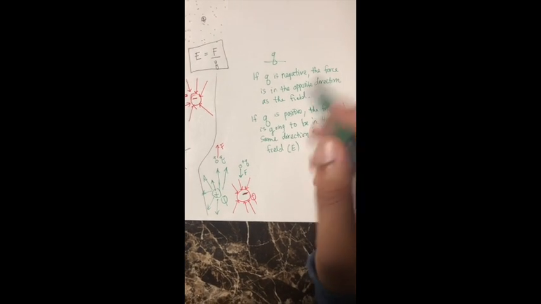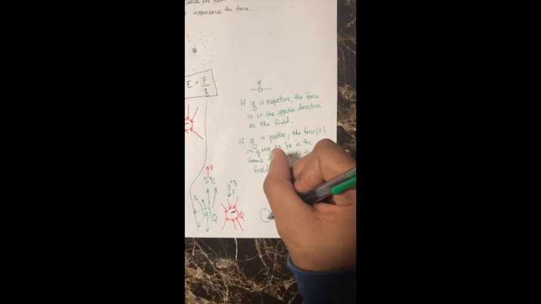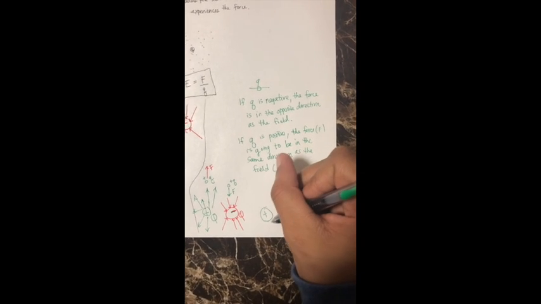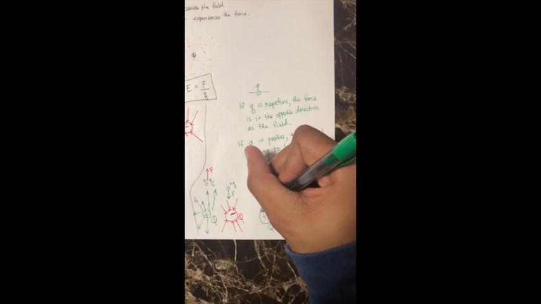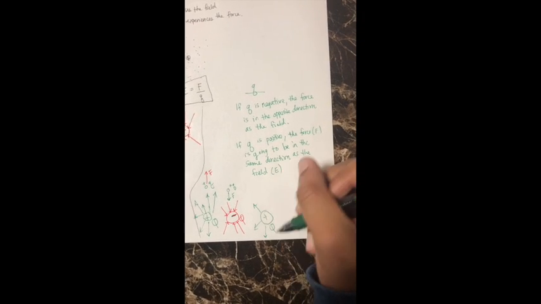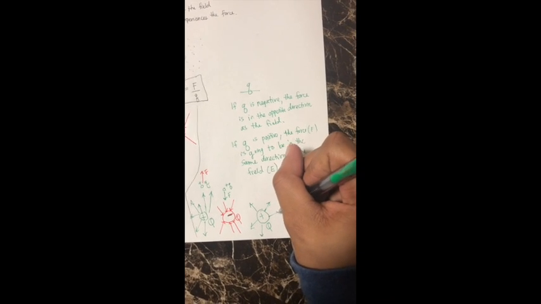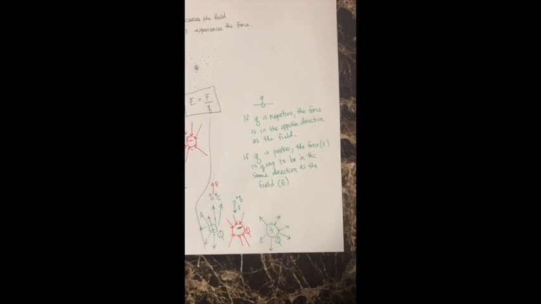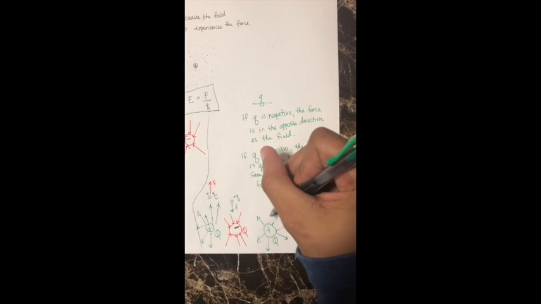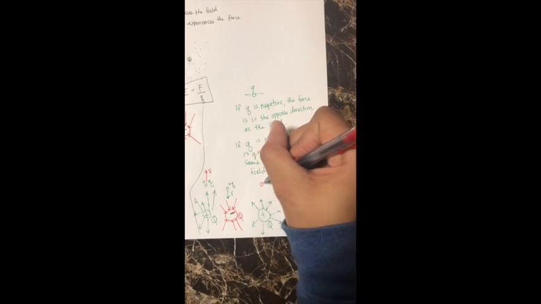Now, let's talk about when little q is negative. If I have a big positive charge, we know that the electric field is going to be pointing outward. Let's say I have a negative little q.